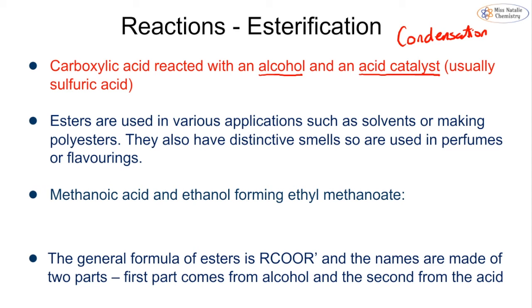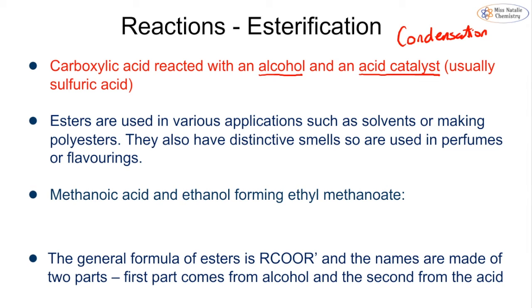Now, esters are very, very important in industry. They are used in many different applications, such as solvents, or even to make polyesters, which can be used for plastics, such as plastic bottles, or even fabrics, where we get polyester clothing. And they also have very distinct smells and very distinct tastes, so they can actually be used in perfumes or in flavourings.